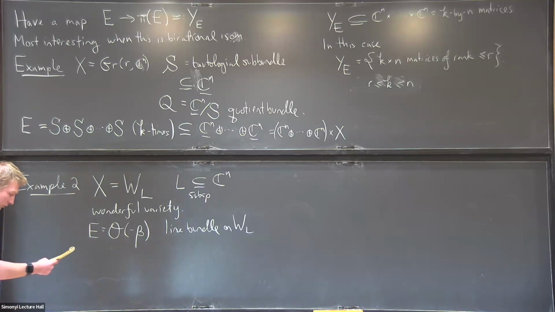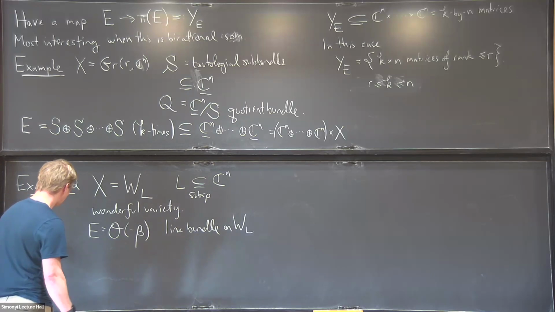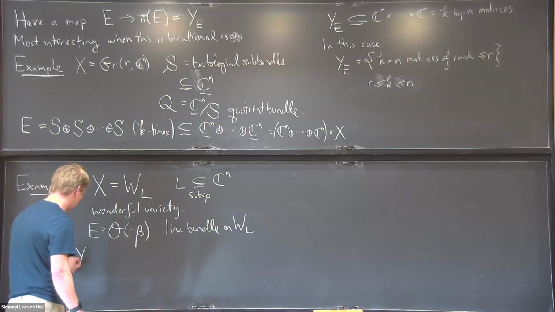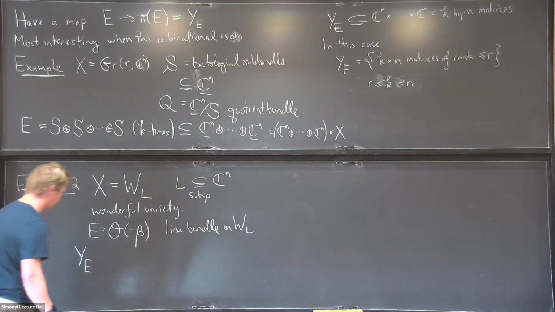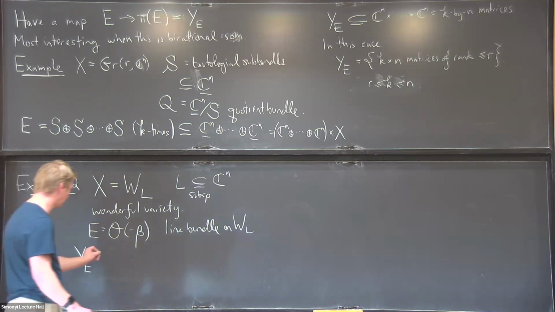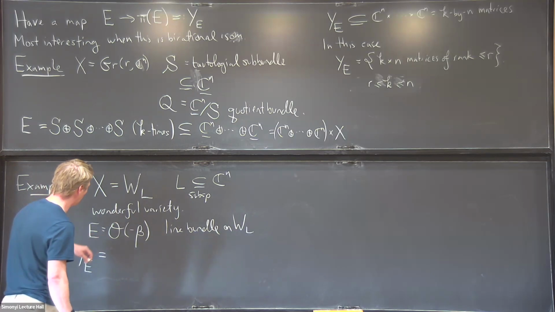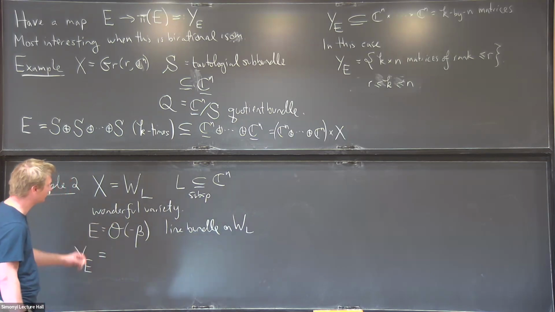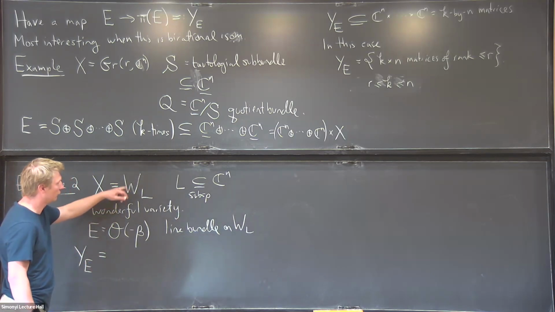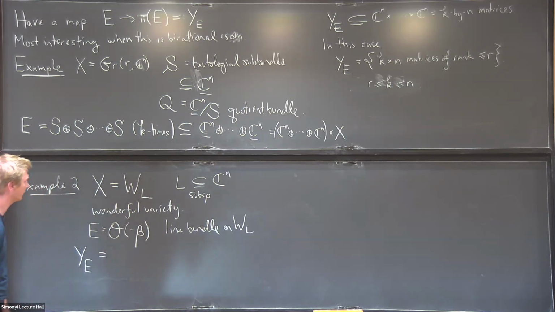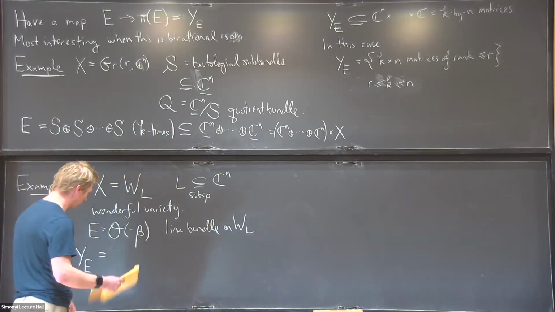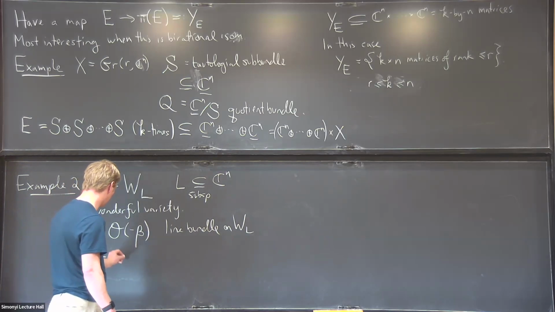Okay, so what is Y sub E in this case? It's easy to say what the collapsed variety looks like over a dense subset of WL, and then I'm going to take the closure.